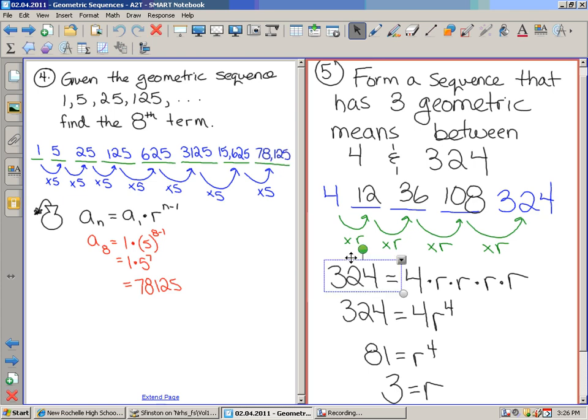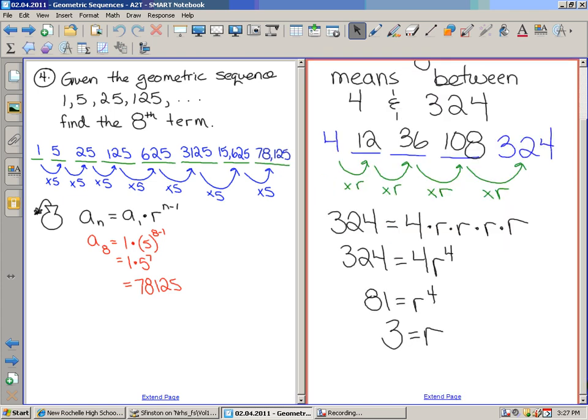Well, 324 is equal to the first term times r times r times r times r, and r times r times r times r is the same thing as r to the fourth. Divide both sides by 4, you get that 81 equals r to the fourth.